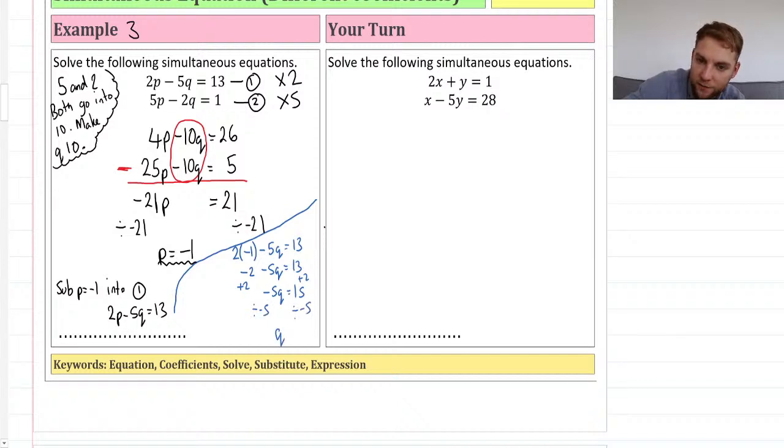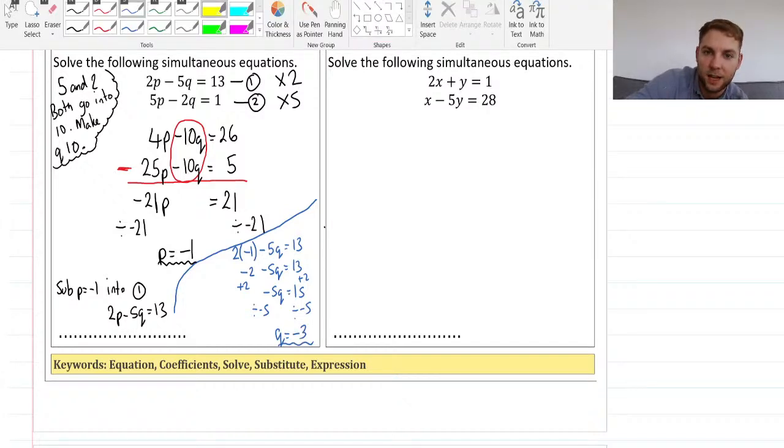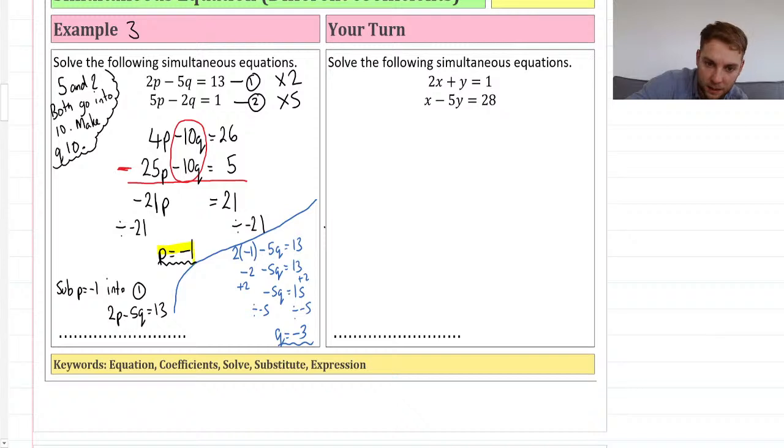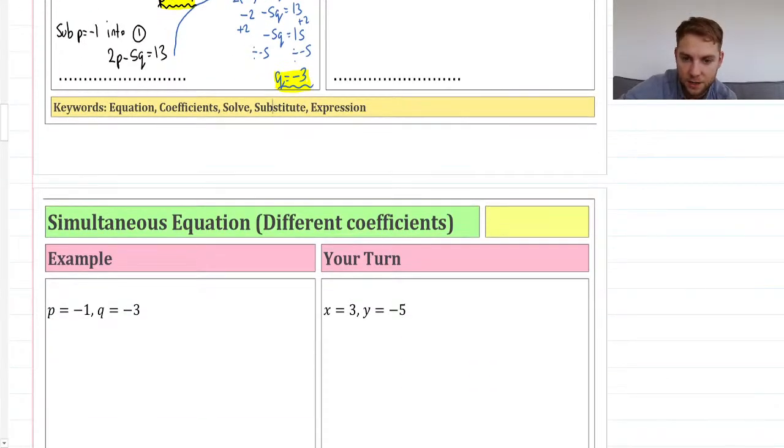So q, 15 divided by minus 5 is equal to minus 3. And there's your answer. Hard that because it's a negative. Probably should have done a negative one here, really, but it doesn't matter. It's the same process. Okay. p is minus 1, q is minus 3.